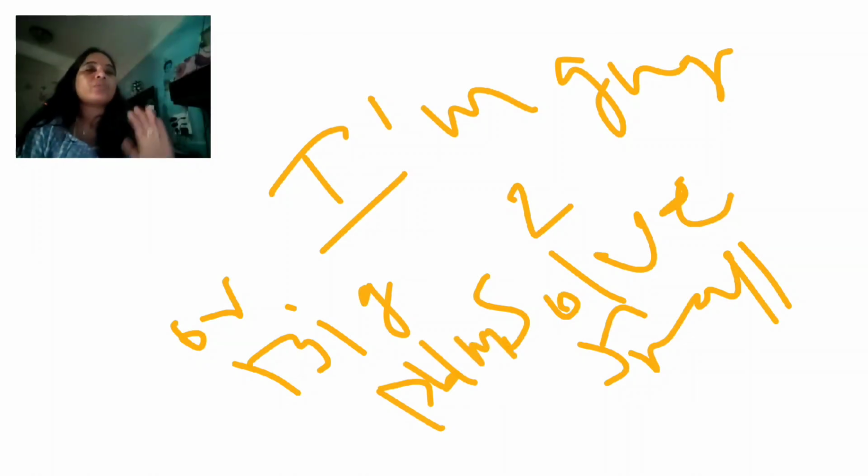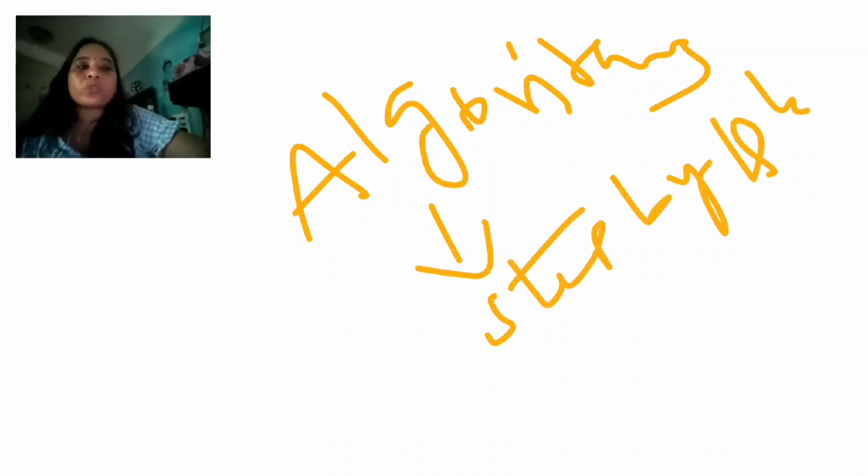So I'm going to solve the problem whether it is small or big. Here I'm going to apply an algorithm. Algorithms means step by step rules, a step by step procedure.